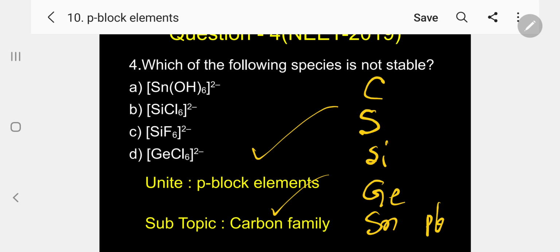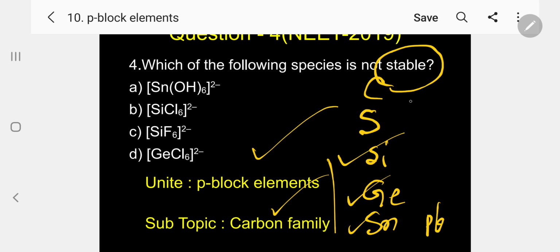Here only silicon, germanium and tin are taken, and the corresponding compounds are given. This comes under the carbon family. Now I will come to the explanation for the answer. Stability, I told you, is due to the interaction of the central atom and the other atoms.